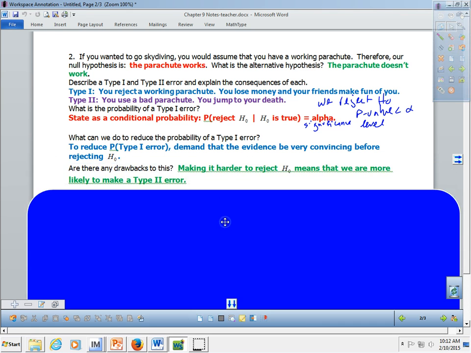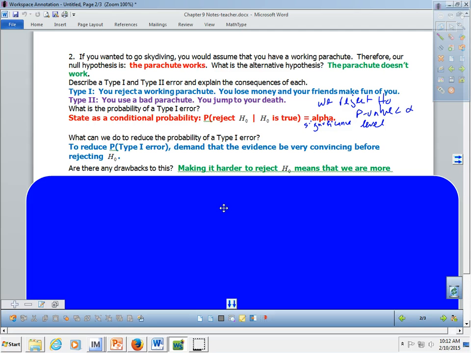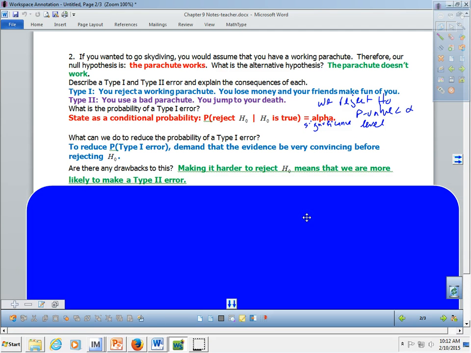All right. Are there any drawbacks to this? Making it harder to reject H0 means that we are more likely to make a type 2 error, right? If we make it harder to reject H0, then on the flip side, it should make sense that it's going to be easier to fail to reject H0, right?